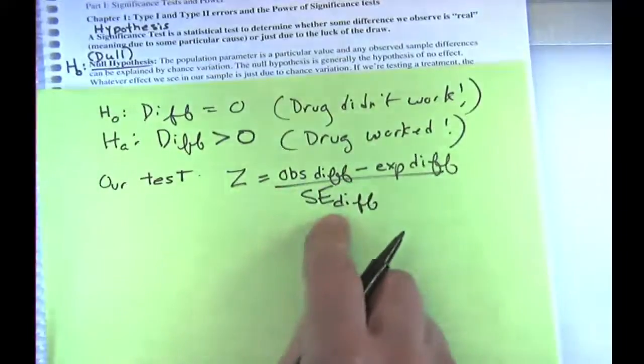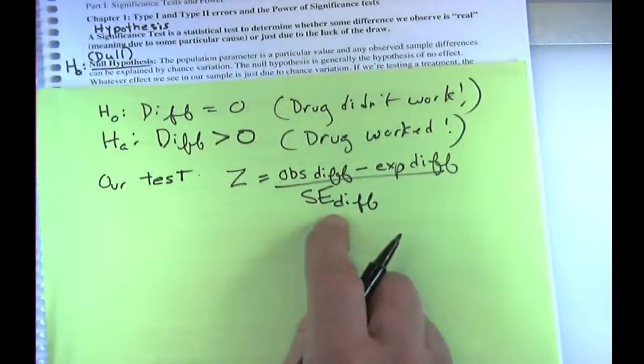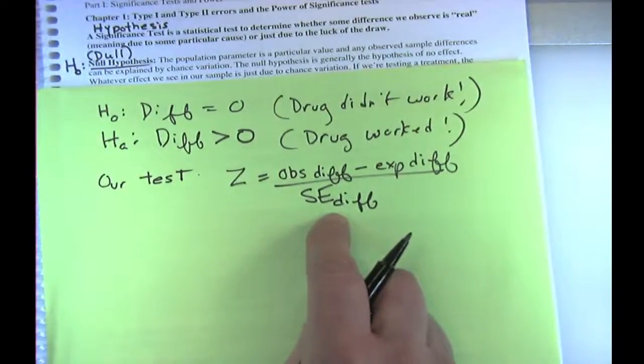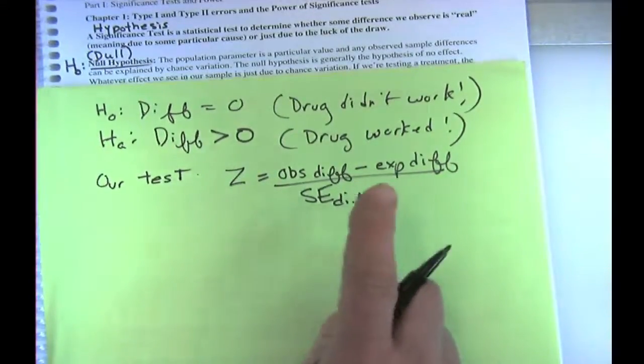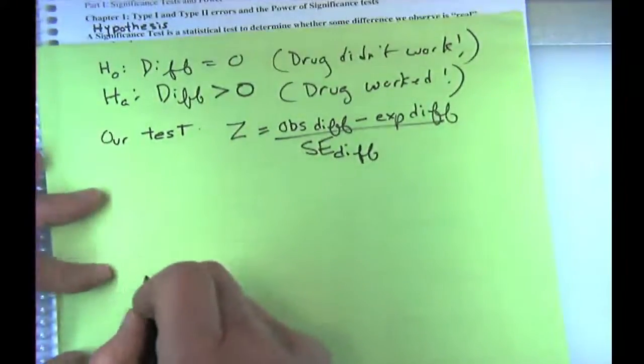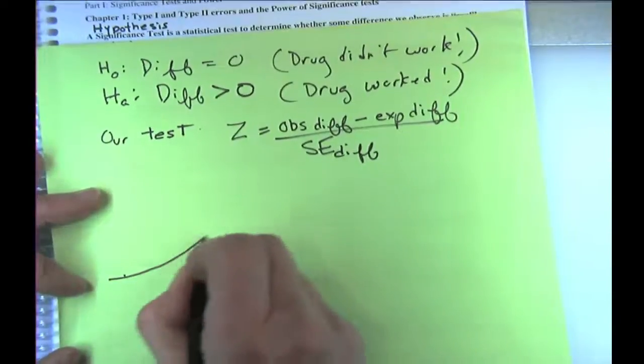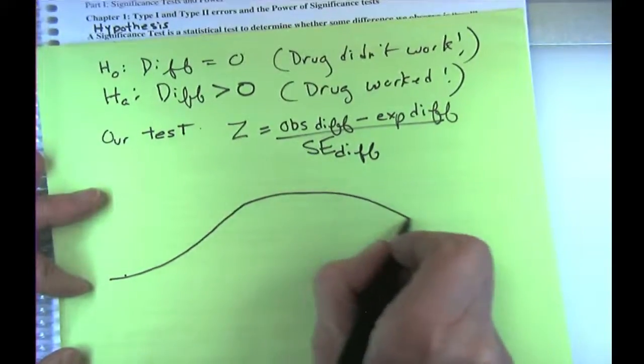And that's going to depend on the variation of the scores, and it's also going to depend on how big a sample size we have. And if the sample size is big enough, like it is in our case, it's going to follow very closely a normal curve like this.